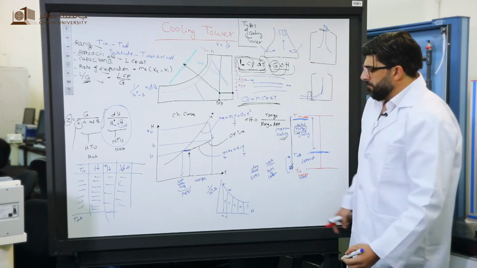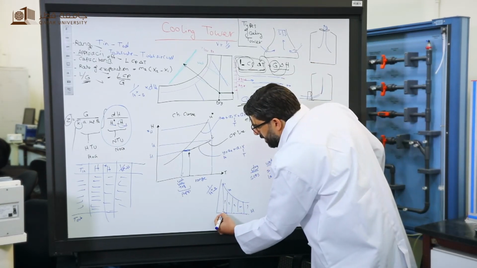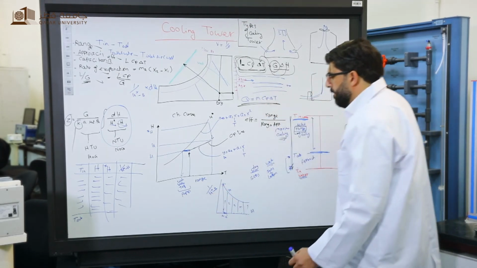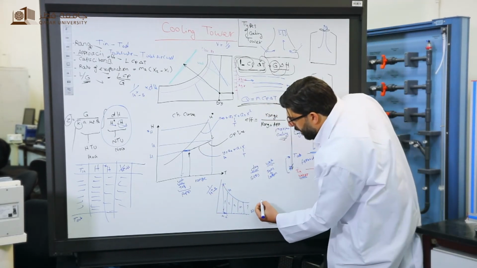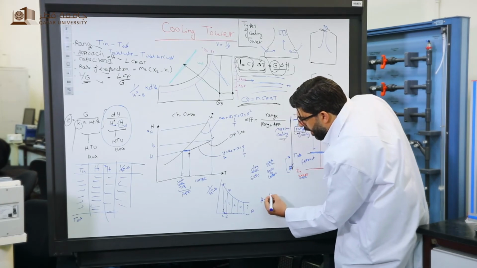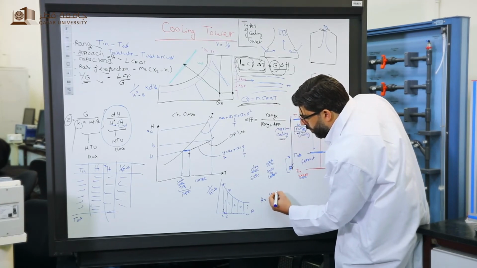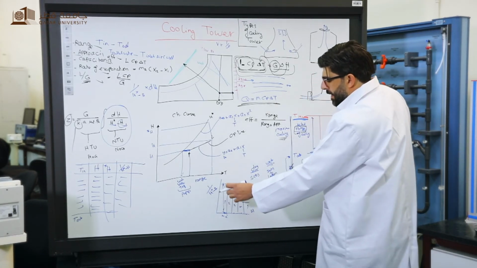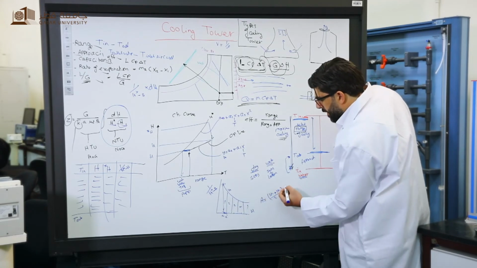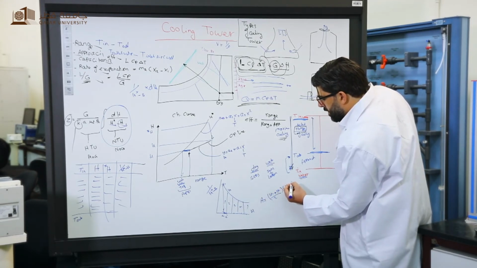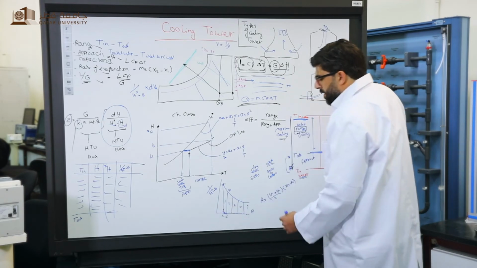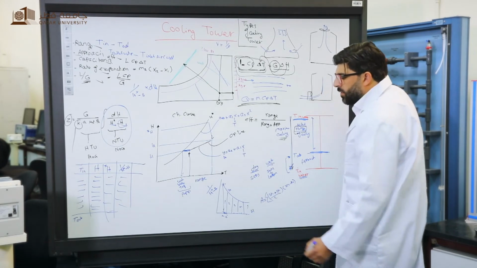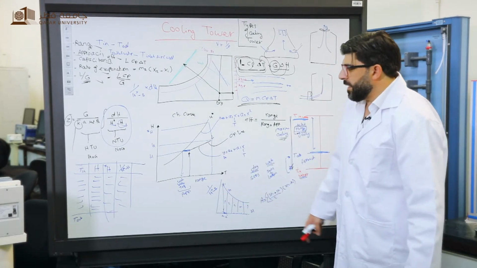The area is length times height, and we have two heights, so we can take the average of the height. So the area of each trapezoid A equals (y1 plus y2) over 2, which is the average of the height, times (x2 minus x1), which is the length. This is the area of the first trapezoid. By summation, you can calculate the area under the curve.